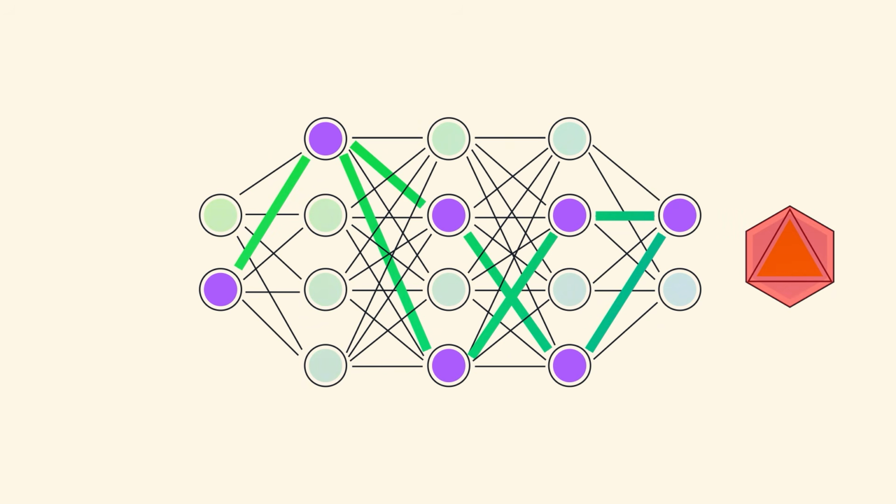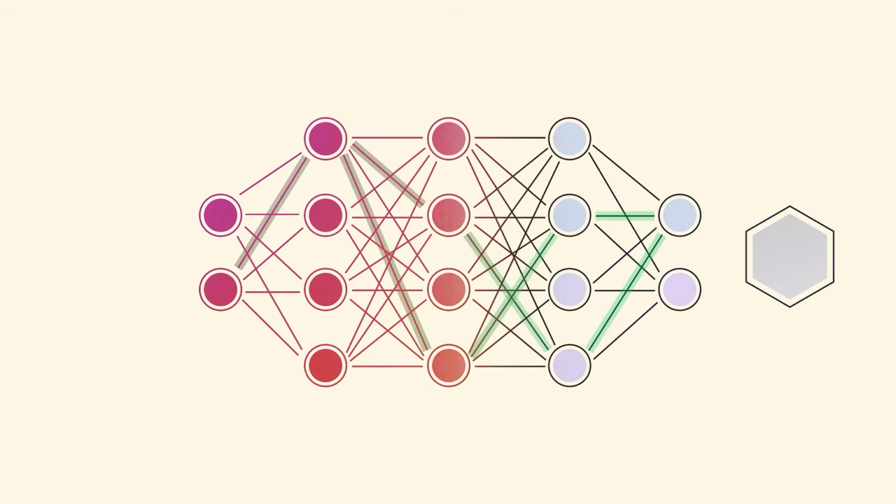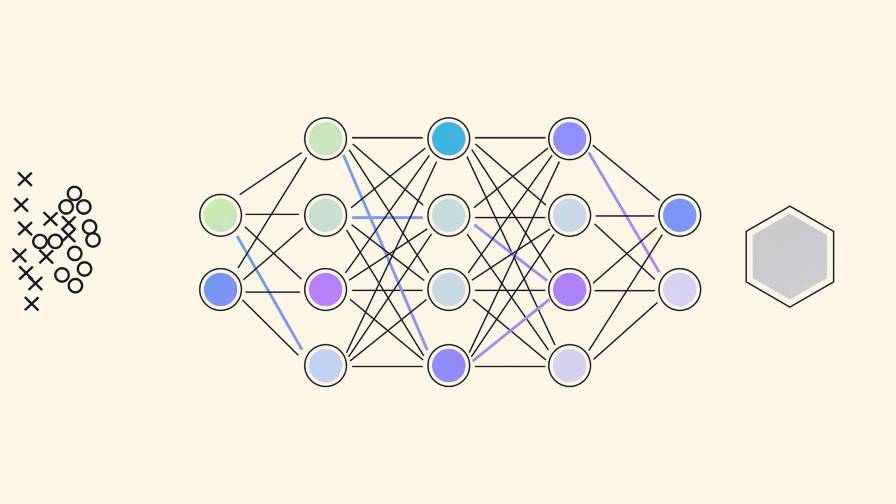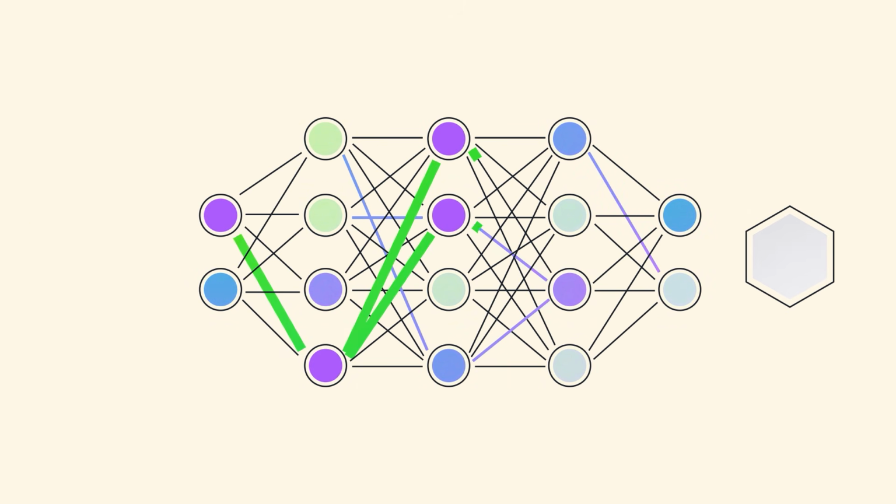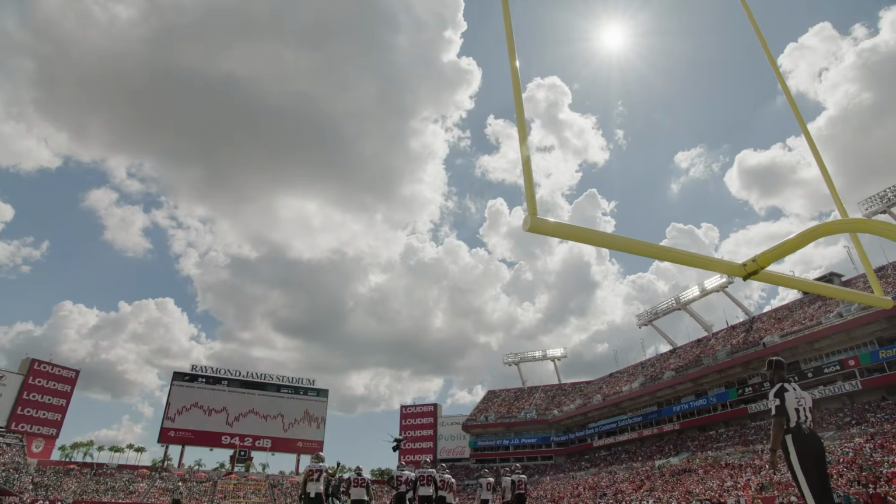Each time it gets something wrong, it calculates the error and adjusts its internal parameters, like weights and biases, to minimize those errors. This cycle repeats many, many times until the model learns to make accurate predictions on both training and validation data. By the end of the training process, the model can take new, unseen data and make fast, accurate predictions based on everything it learned.